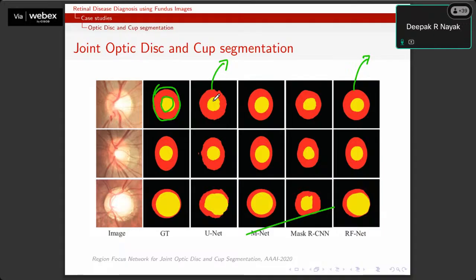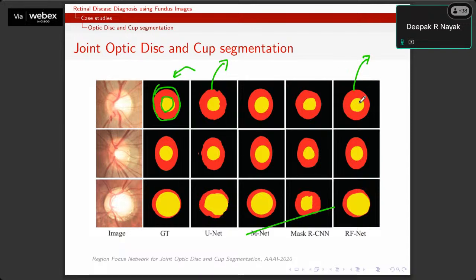It's not that accurate. Although it is giving results, the boundaries are not precise and not very close to the ground truth provided by the ophthalmologist.